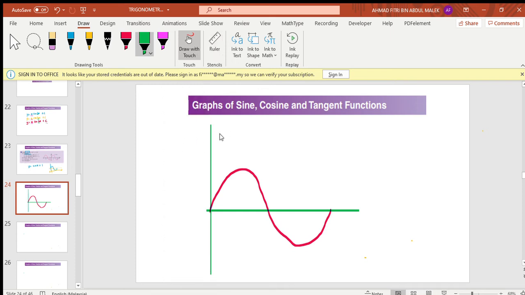So this is basically the graph. If I want to draw y equal to sine x, this is my graph, definitely the correct graph.